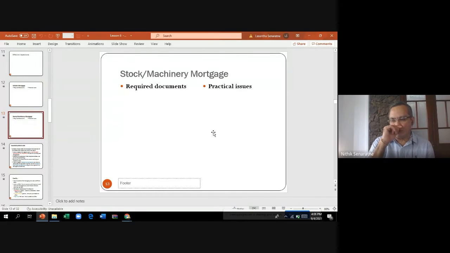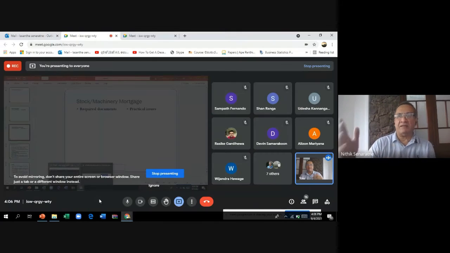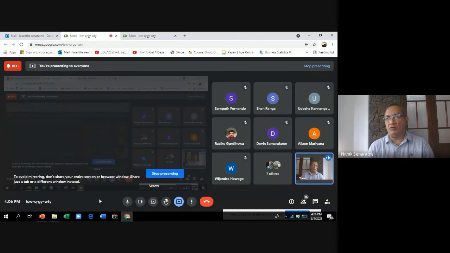Now, when you come to stock mortgages, the main practical difficulty I see is this. If I have 10 million worth of stocks, I will go to X bank and say, I have 10 million worth of stocks, I want a mortgage of 5 million. So the margin is 5 million.